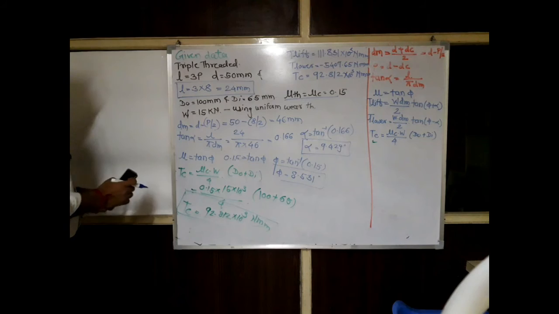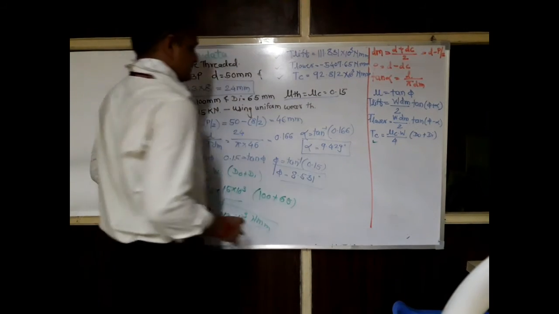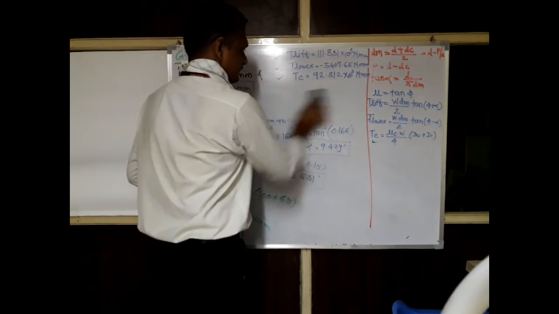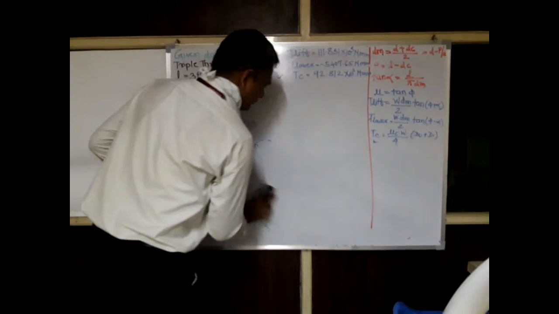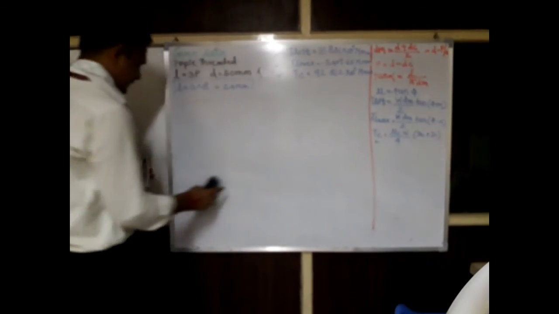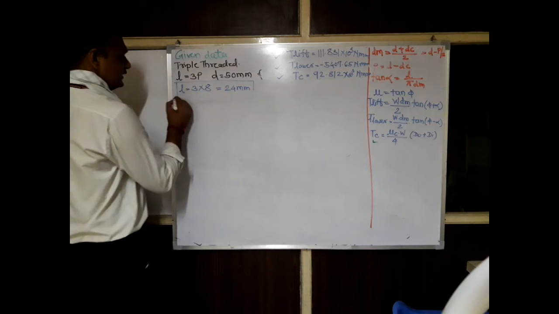Now we have the torque required for lifting, the torque required for lowering, and the collar friction torque. Now we need to find out the total torque required for the lifting as well as the total torque required for lowering of the load.